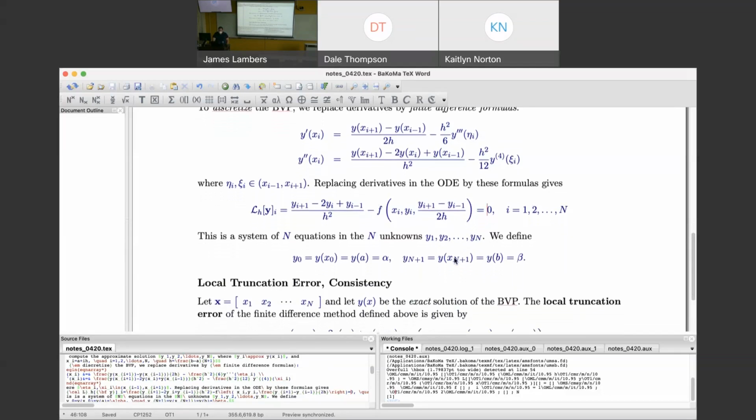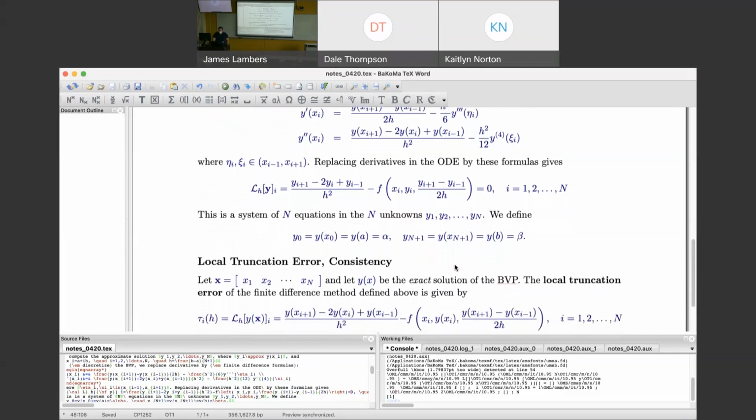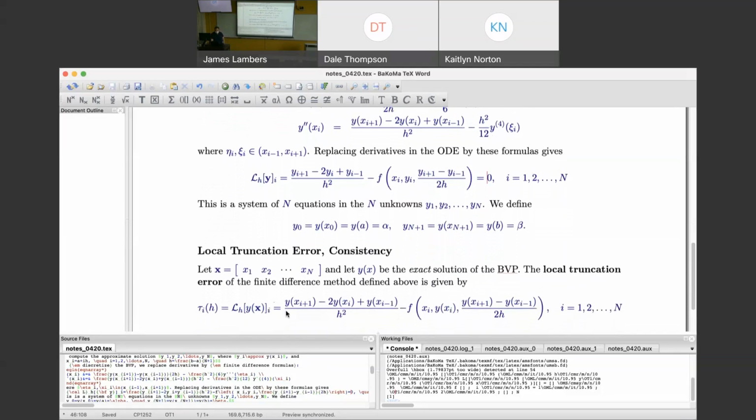So we still have the notion of local truncation error, defined very similarly as for initial value problems, where you substitute the exact solution into the numerical method.